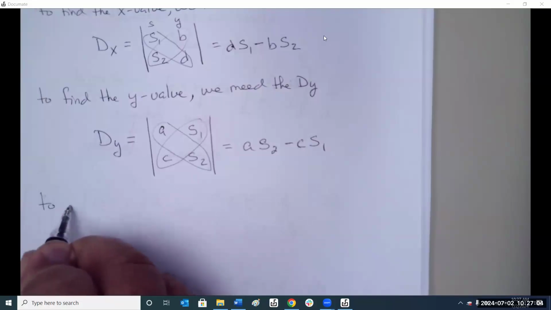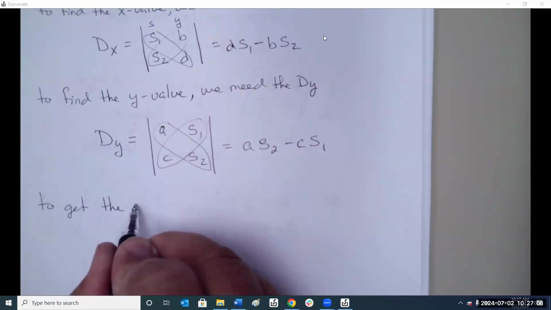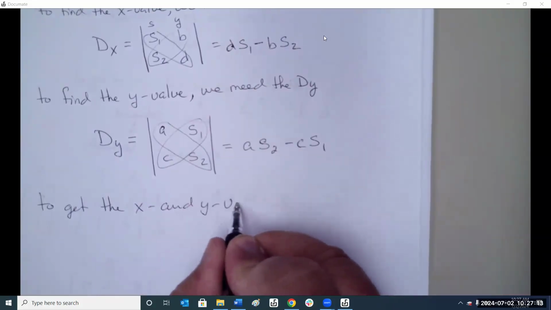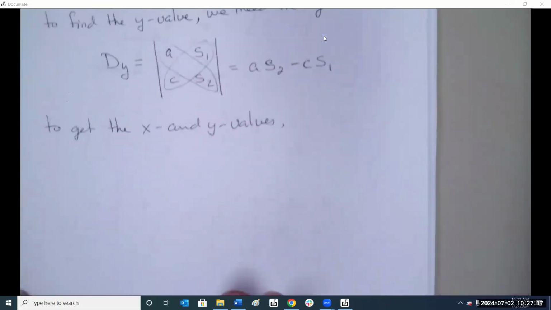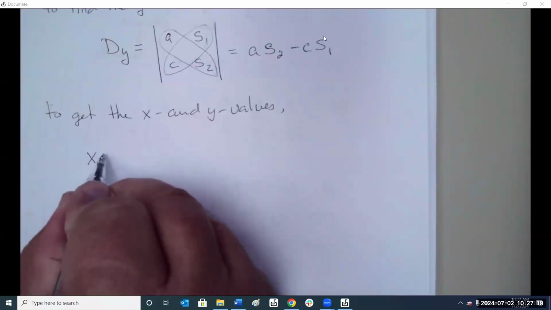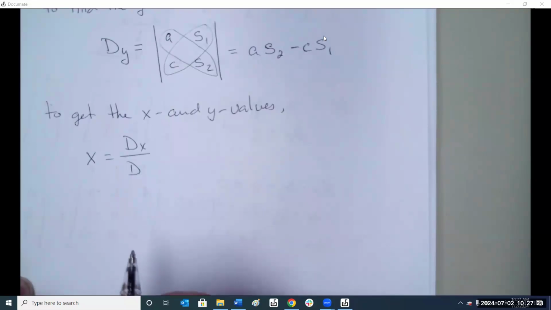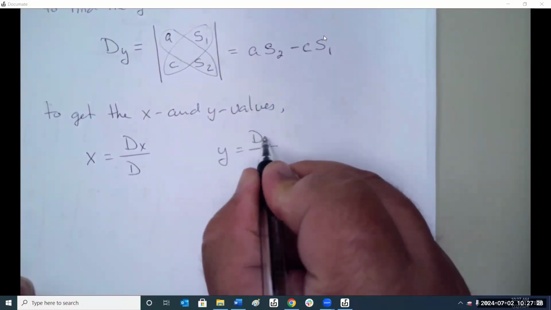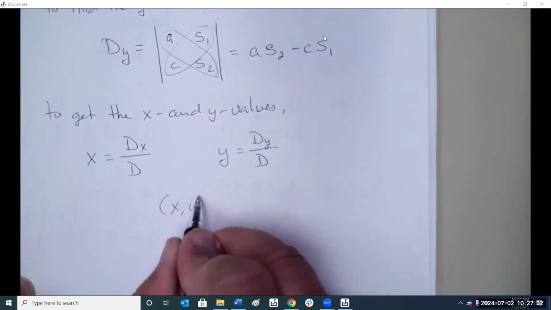And then finally, to get the X and Y values, X is equal to Dx over D. Y is equal to Dy over D. And that gives us our answer.